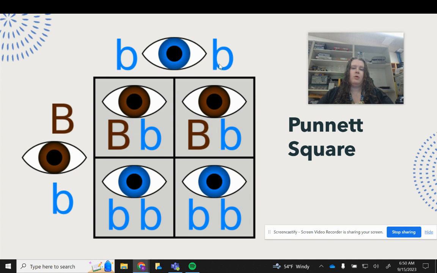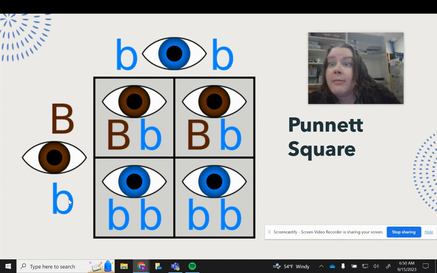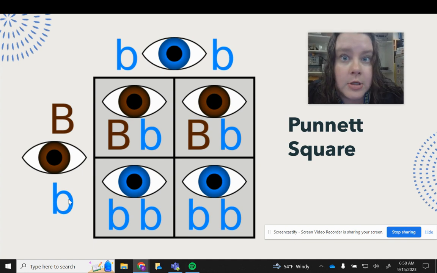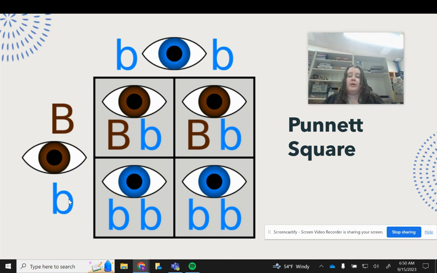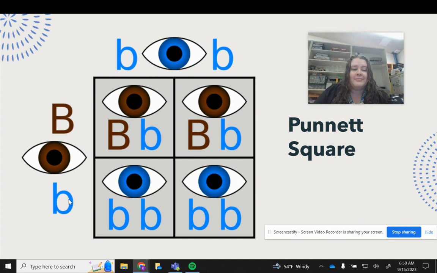Same thing. This is called a Punnett square. You don't need to know that, but that's how we can track genes. The reason why I know my mom has a recessive is because, I'm going to make you look at my eyeballs. I do not have brown eyes. I have gray, blue, green eyes, which is recessive. So in order for me to actually have that, my mom has to have one recessive trait.